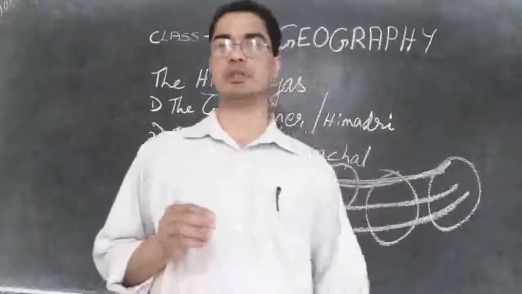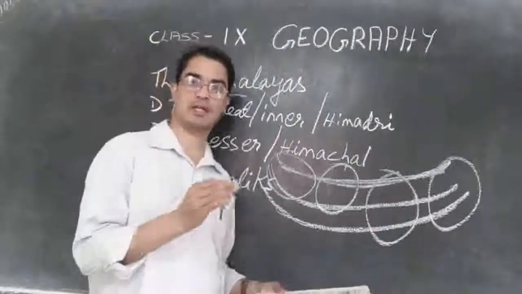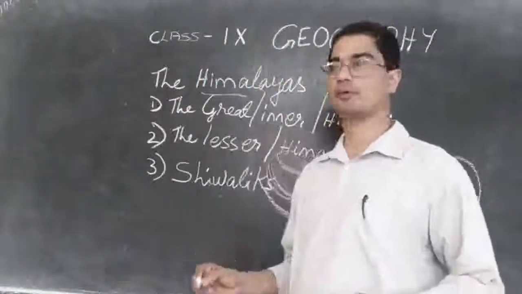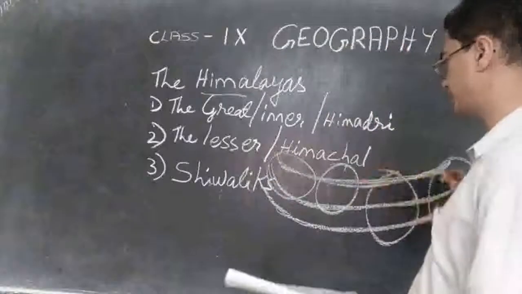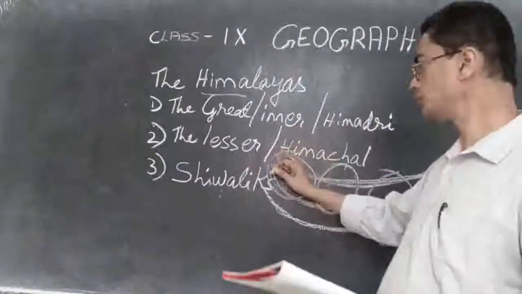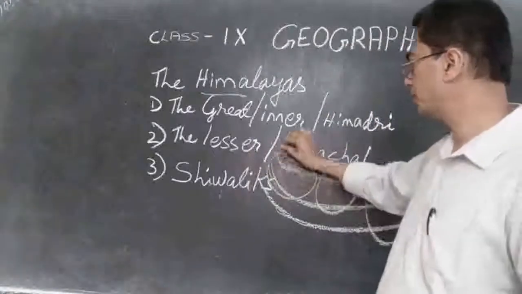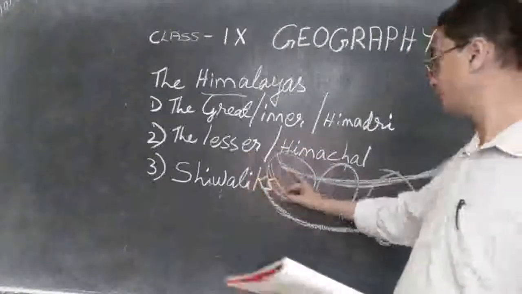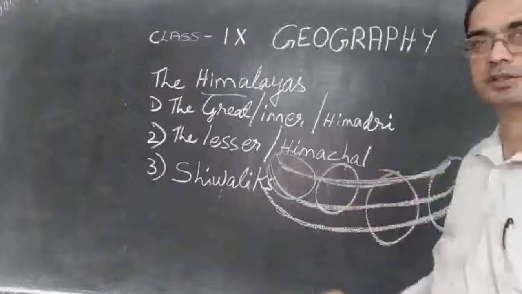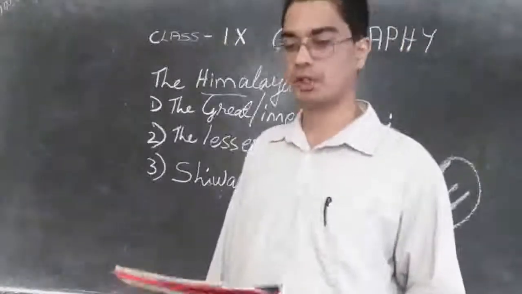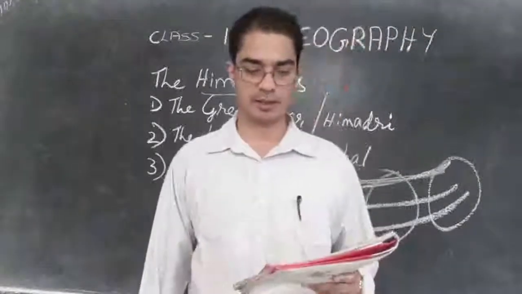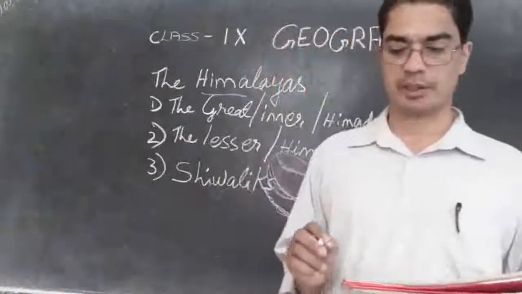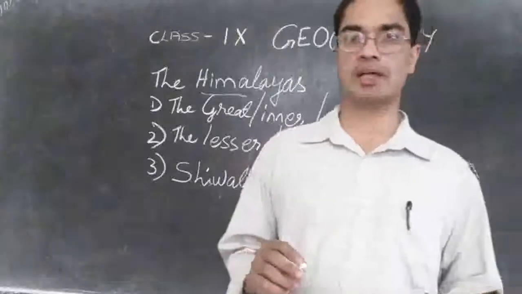Now let us see some of the local names that are given to the Himalaya by the local people. As we move from west to east, in the west there is Kashmir, and as we move to the east, there is Arunachal Pradesh. Let us see what names they call. These divisions have been demarcated by the river valleys.